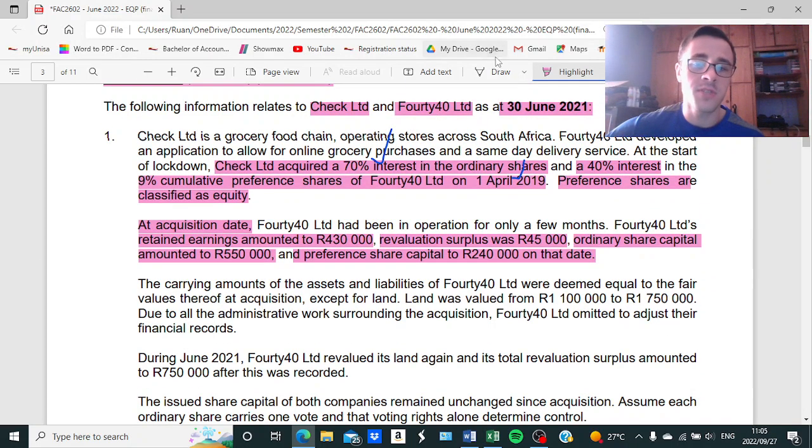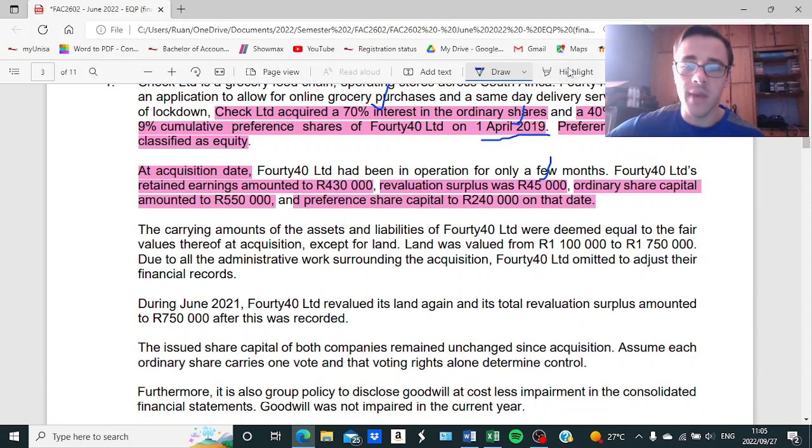Remember, for the purposes of journal entry A, we only focus on revaluation surplus. So on the date of acquisition, the subsidiary had a balance for revaluation surplus of 45,000.